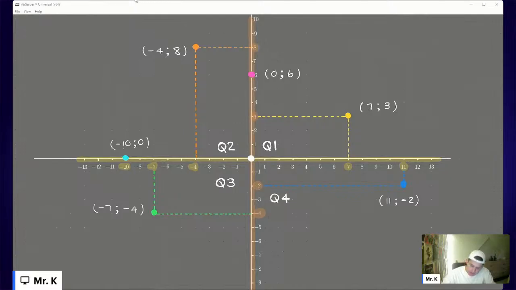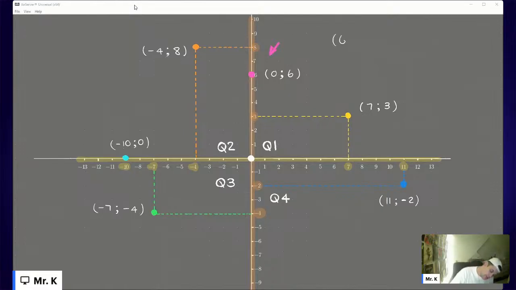Somebody gave this coordinate for our pink dot a very good shot, and they said that it was 6, 0, right? Unfortunately, guys, 6, 0 and 0, 6 are not the same thing, right? The correct coordinate is 0, 6.